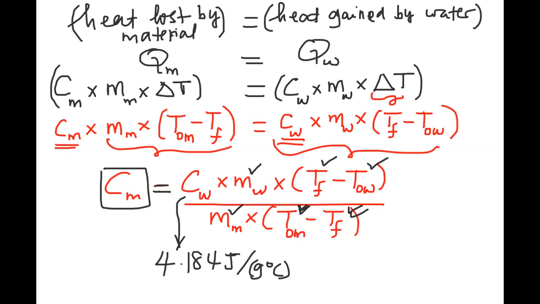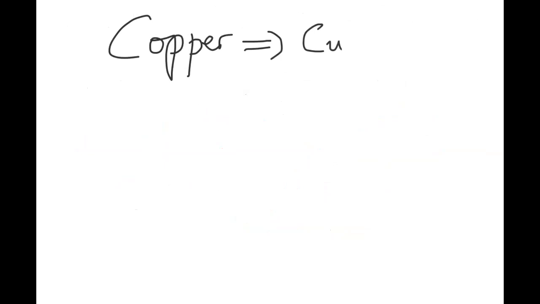By the way, in this lab, I want you to determine the specific heat of 3 substances. You're going to determine the specific heat of copper. I'm using Cu in the lab manual, Cu for copper. And we also have aluminum.